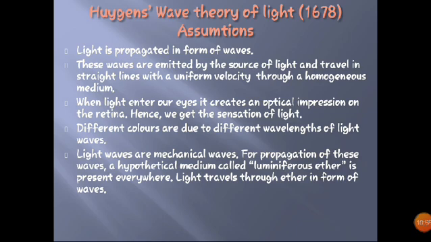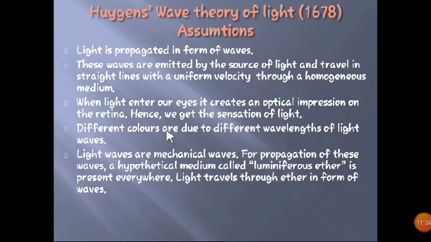He said that the wave may be longitudinal or transverse. Second, these waves emitted by the source of light travel in a straight line with uniform speed through a homogeneous medium.